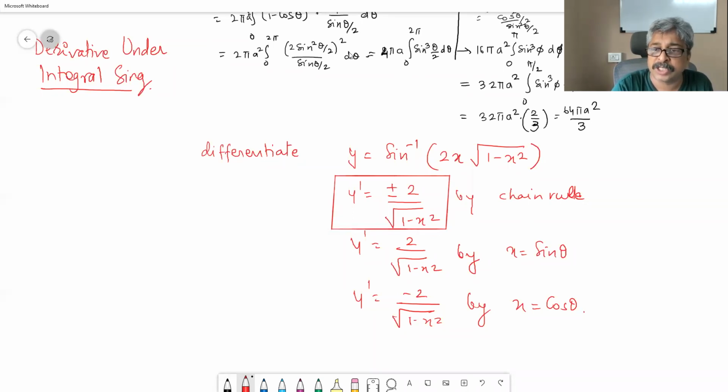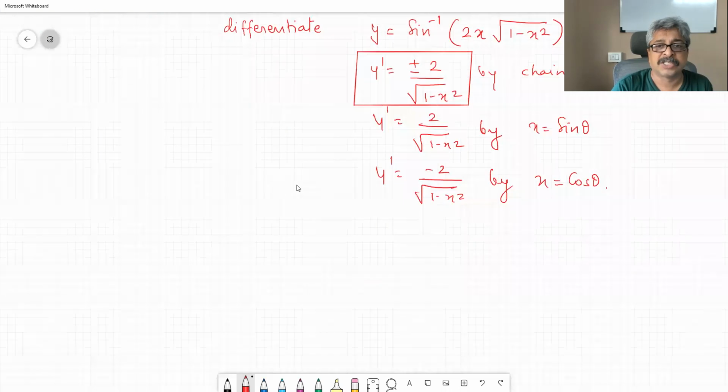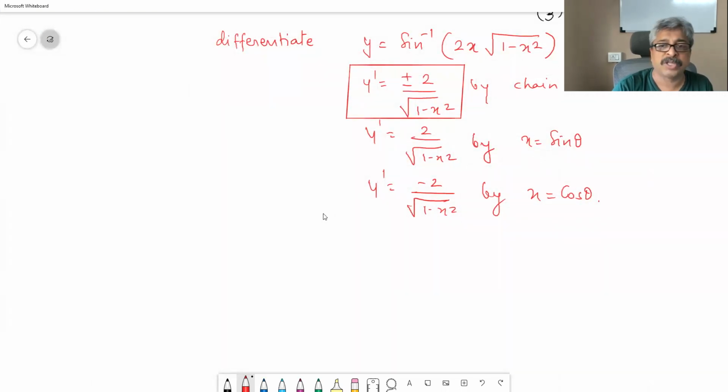If you try to sketch this graph, you will find positive as well as negative slope of tangent available on the graph. Okay, that is the explanation why you end up getting two answers, and plus or minus 2 upon radical 1 minus x square is the correct answer. If you report any one of the two, then you might be wrong.